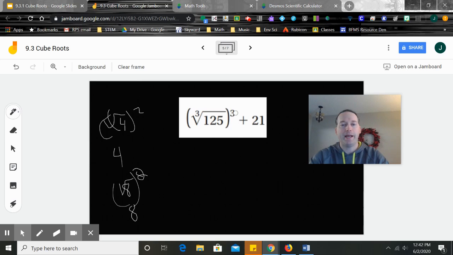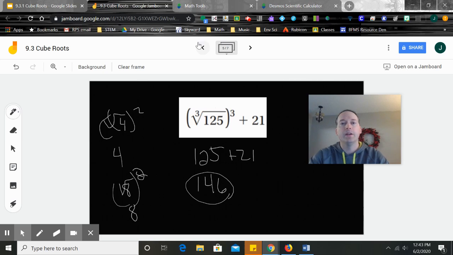Okay? If you're raising to a power a root, you're undoing it. So really what you're doing is just getting your radicand. So the cube of the cube root of 125 is just going to be 125. Now I'll prove it to you on a calculator in a minute. Add that to 21. So 125 plus 1 plus 21 is 146.